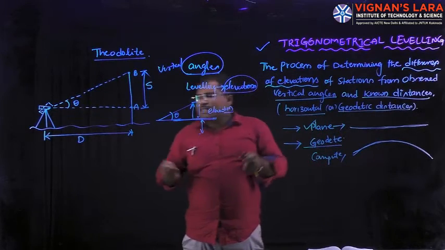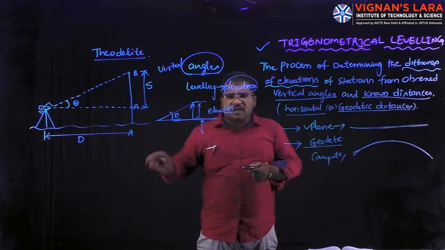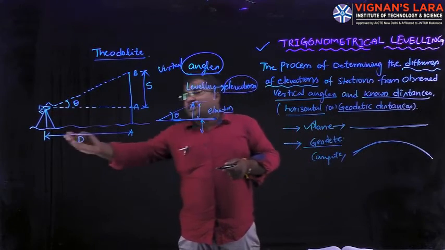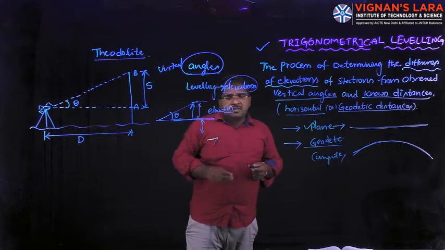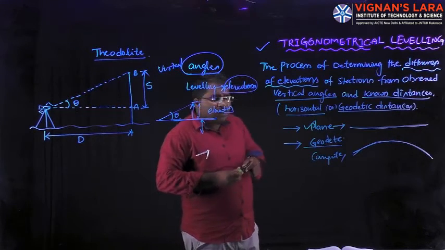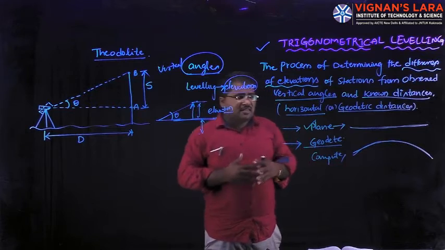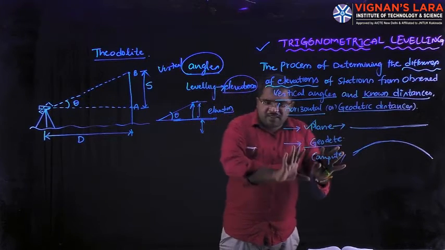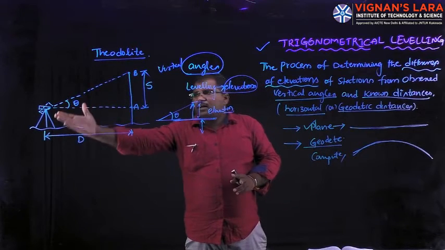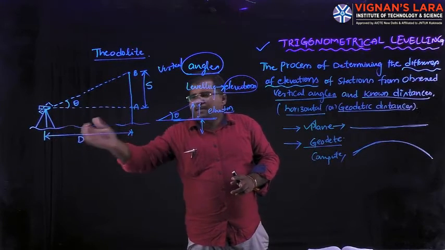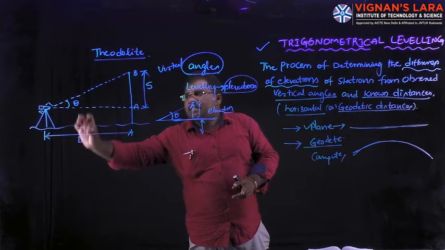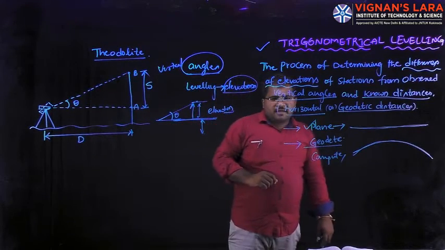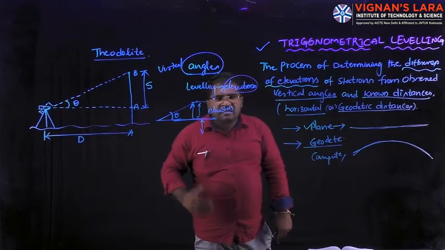If it is horizontal distance, we are going to measure with the help of the tape or any other instrument. But if it is a geodetic distance, we are going to compute the distance, right? But first we have to set whether it is plane surveying or geodetic surveying. First you need to fix this, then you go for the angles, and then for the distances. By knowing distance and angle, we are going to know the vertical elevation, right?